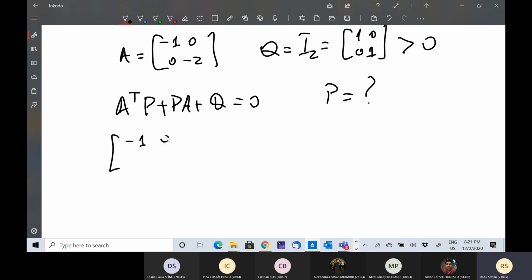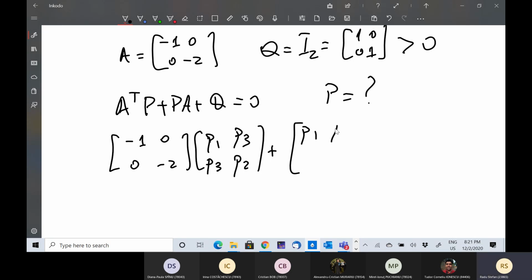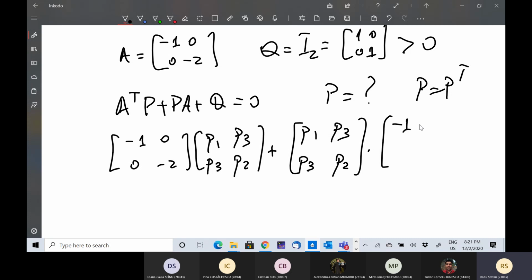We will have three unknowns. I have P1, P3, P3, P2, since P is symmetric, of course. P is the symmetric matrix, multiplied by minus 1, 0, 0, minus 2, plus 1, 0, 0, 1, and all this is 0.